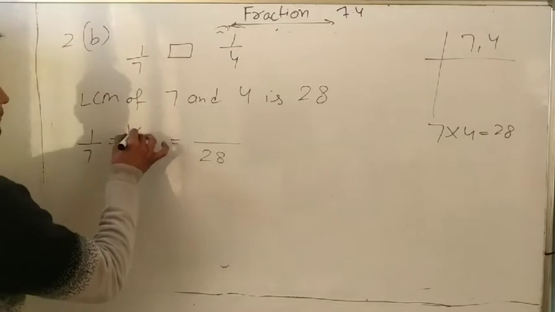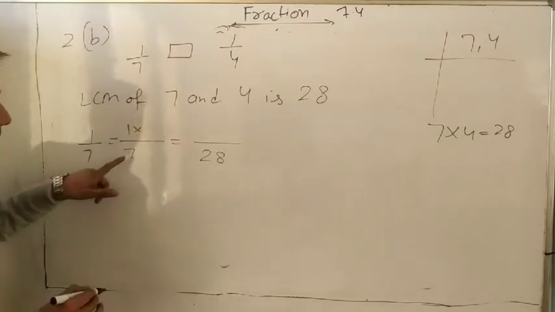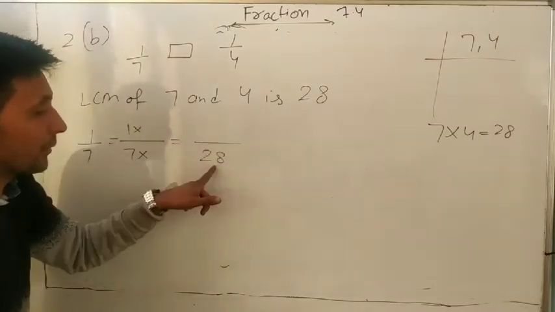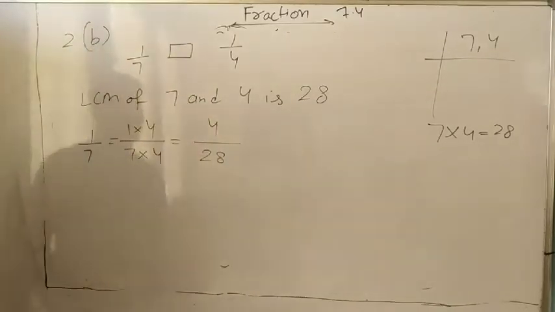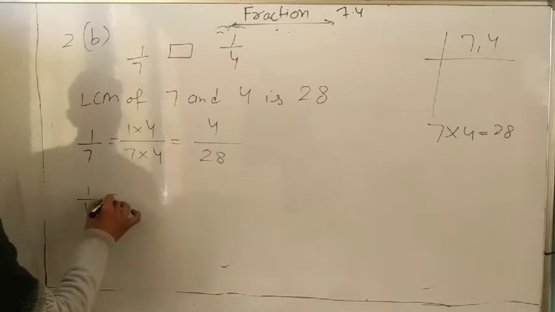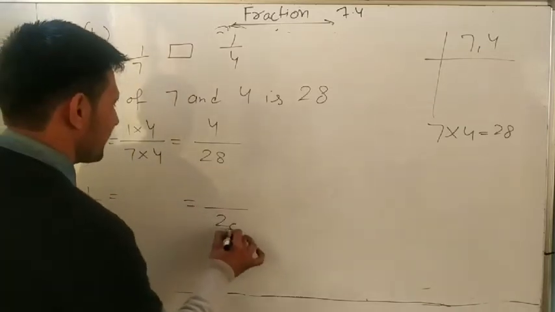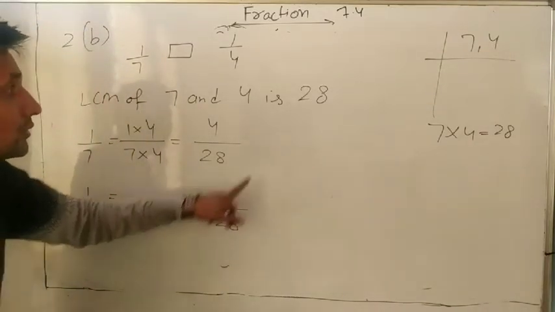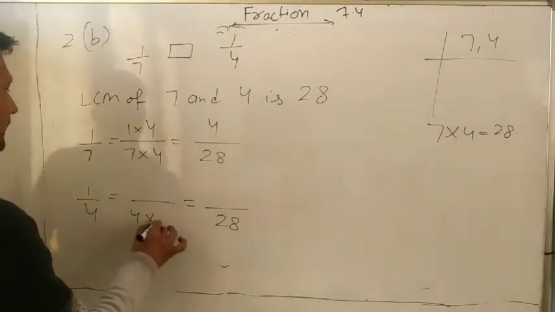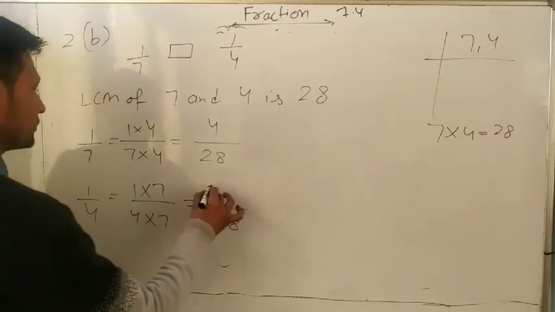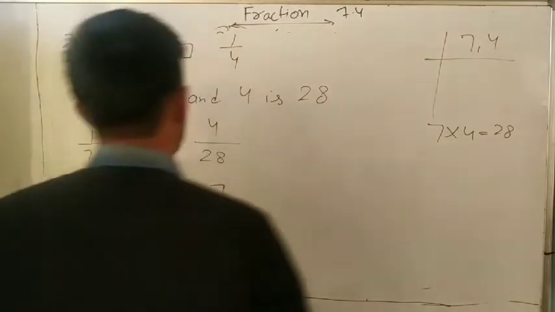So for 1 by 7, what number do you multiply by 7 to become 28? 4. So 4 by 28. Same for 1 by 4, the denominator is also 28 because we are making the denominators the same. So 4 into 7, 1 into 7, gives 7 by 28.